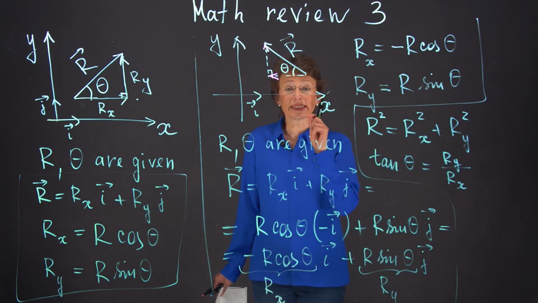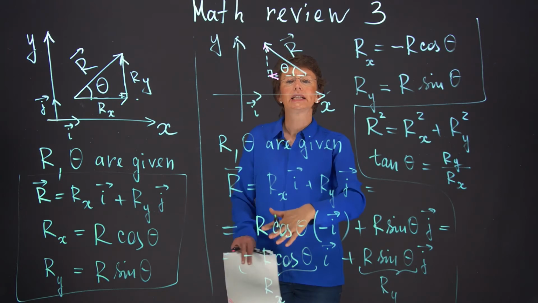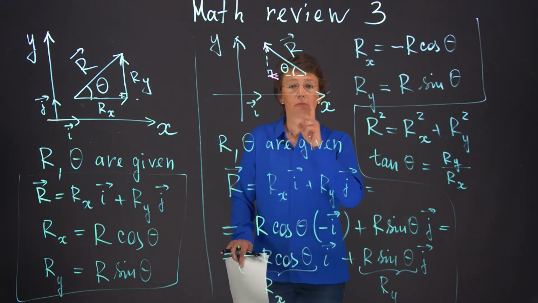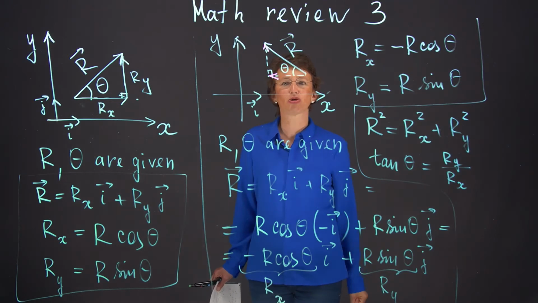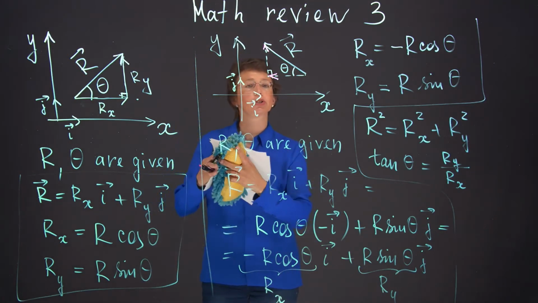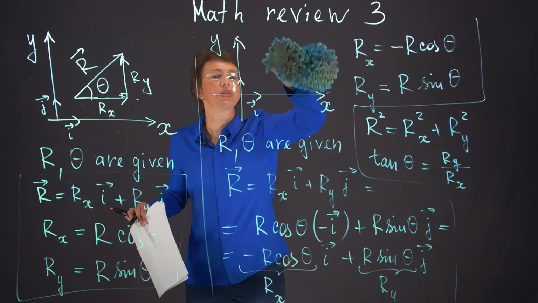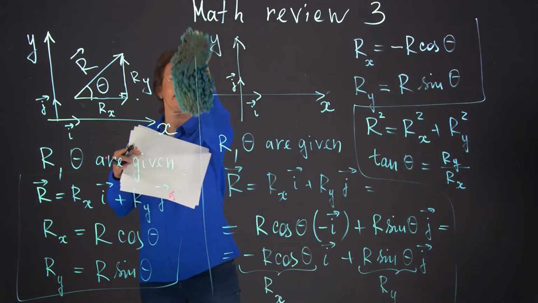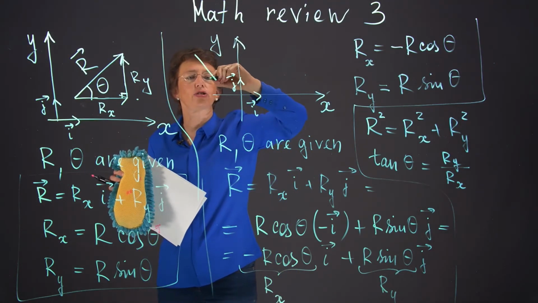And for the next problem, the only difference will be just a different position of r. Please stay with me for one more example, and we will be solid on vectors. For our next example, I will just change what is given. Instead of this vector r, let's have this vector r given.